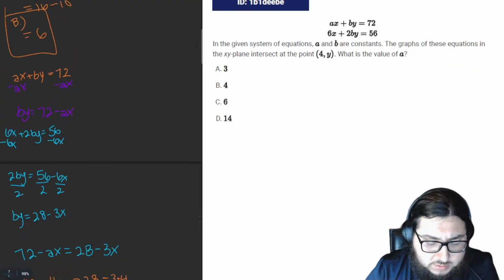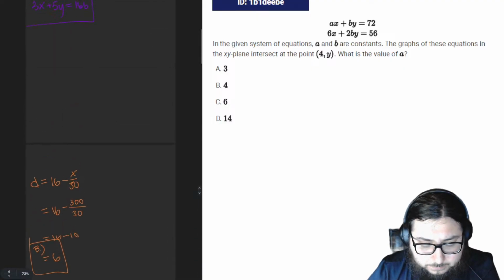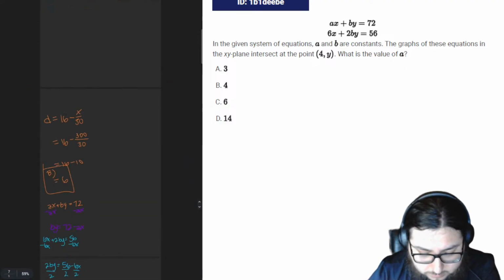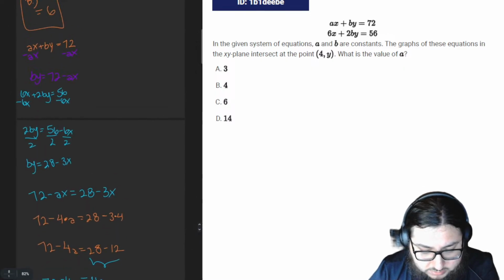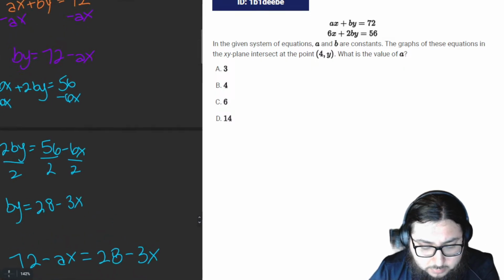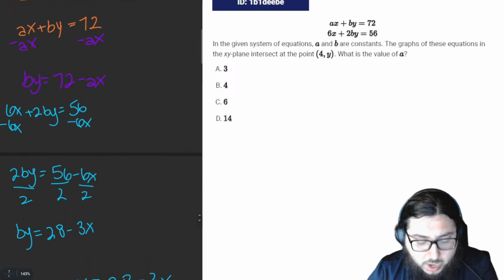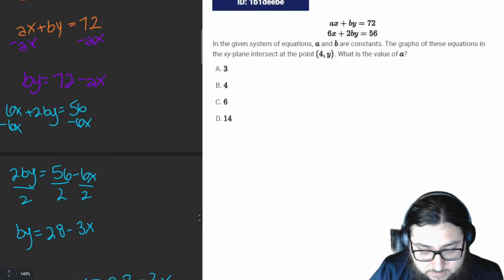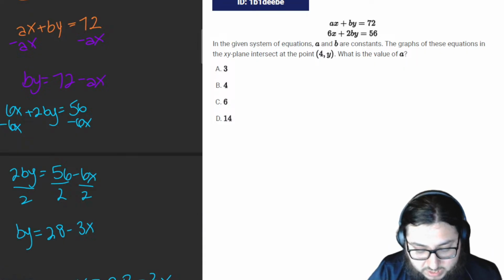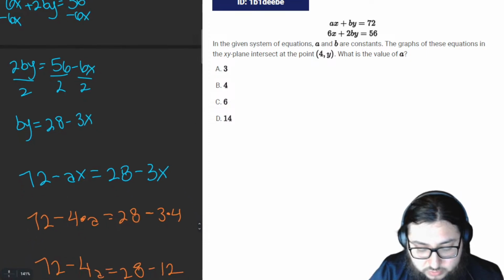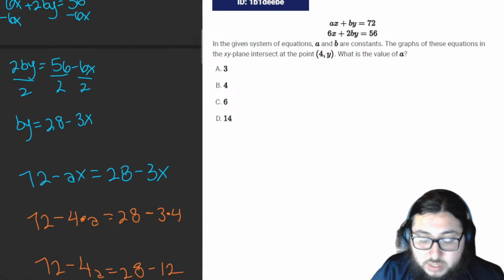I'll recap the process in case anyone is interested. Starting from here, we solved for by for both of these equations. Got by is equal to 72 minus ax, and also that by is equal to 28 minus 3x. Setting those two equal to each other, we get that 72 minus ax is equal to 28 minus 3x.